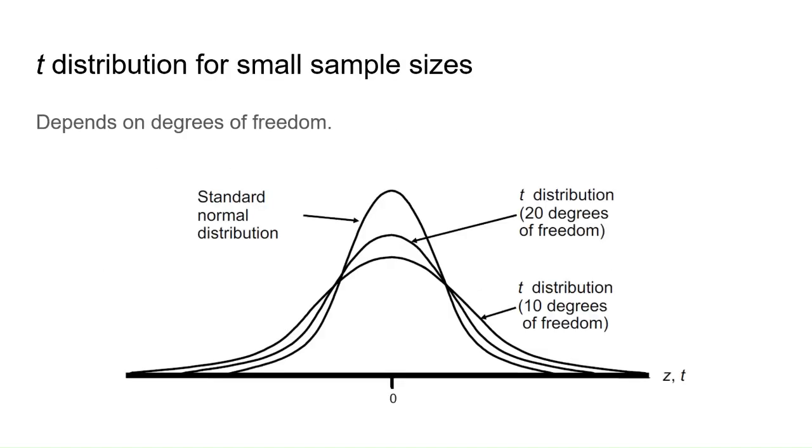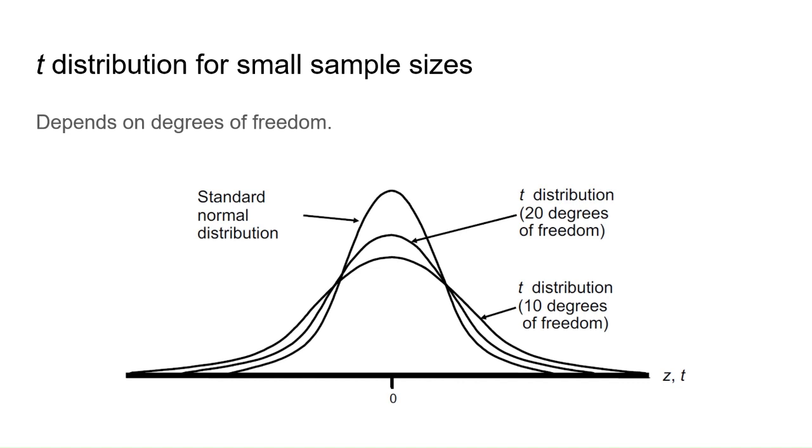So now let's look at the t-distribution, which is something we would use for small samples, let's say less than 30. The t-distribution is similar to the z-distribution. A specific t-distribution depends on a new parameter that is called the degrees of freedom. The degrees of freedom refer to the number of independent pieces of information that go into the computation of the sample standard deviation.